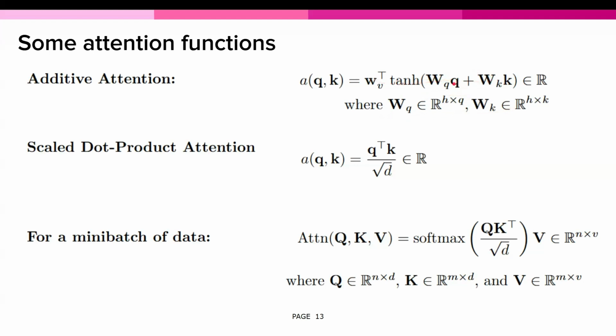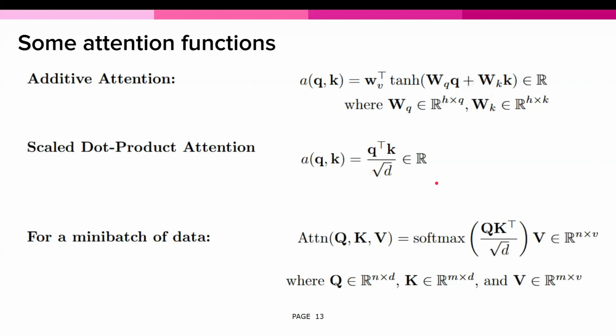Then with additive attention, we can combine these through a nonlinear activation function like hyperbolic tangent, followed by a final weight vector to produce a single scalar score. Additive attention is pretty flexible because it doesn't require you to restrict the dimensionality of the query and keys. They could be different dimensionalities, and then you can just project them into the same space.